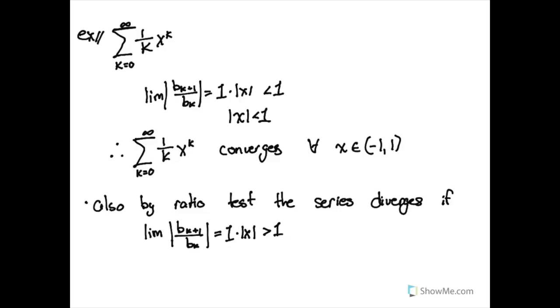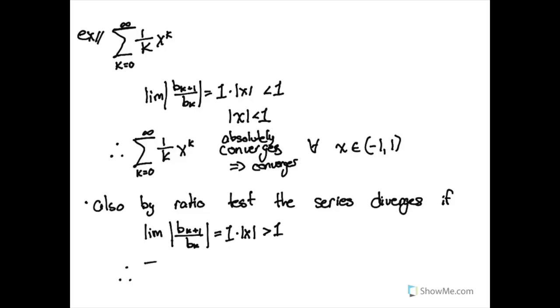So it absolutely converges, which of course implies converges, if the limit is strictly less than 1, and it diverges if the limit is strictly greater than 1.